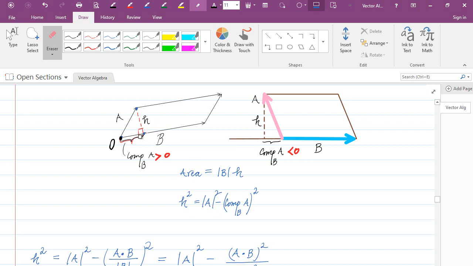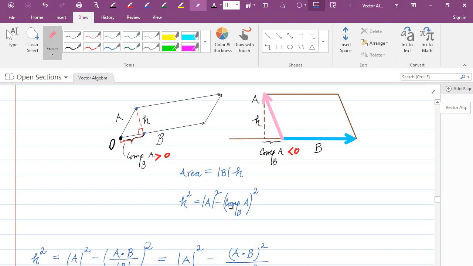This side here is equal to plus or minus the component of A along B, but since I'm squaring that, it doesn't matter whether it's positive or negative. So what we have then is H squared is the length of A squared minus the component of A along B squared.